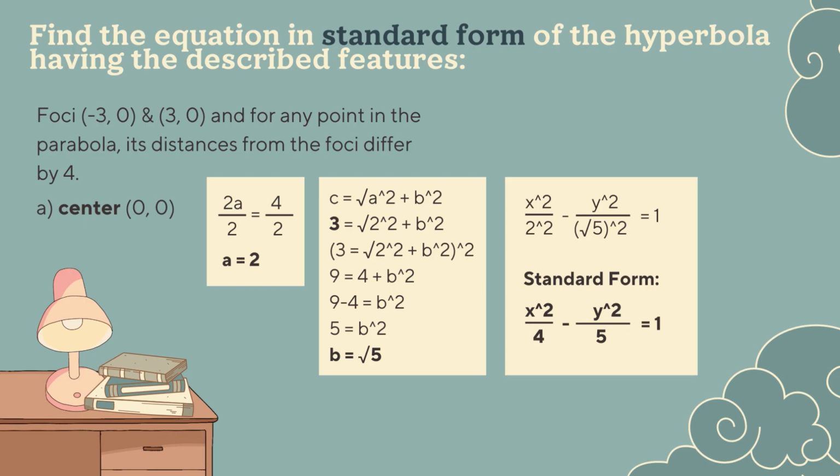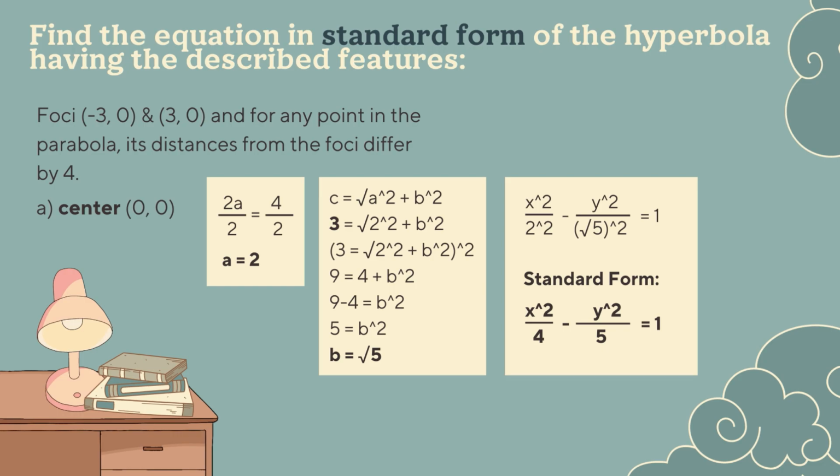So let's transpose 4 onto the other side. So we have 9 minus 4 is equal to b squared, and then subtract 9 by 4. So we have b squared is equal to 5. Then we're going to square root the b squared, so we have b is equal to the square root of 5.